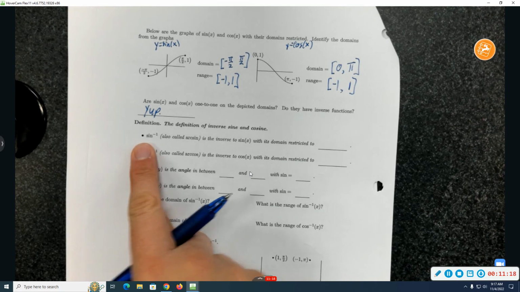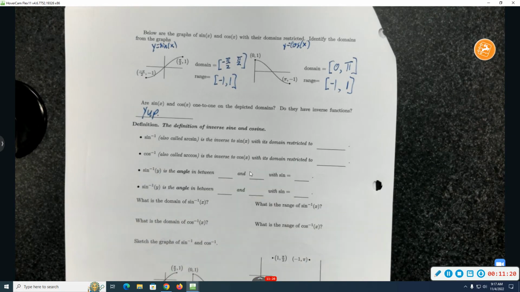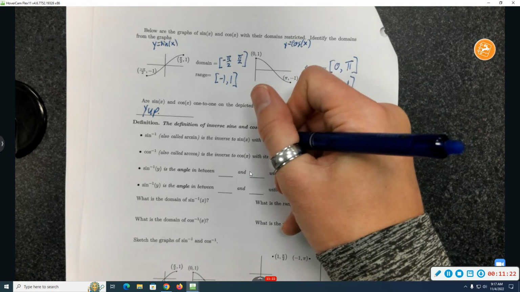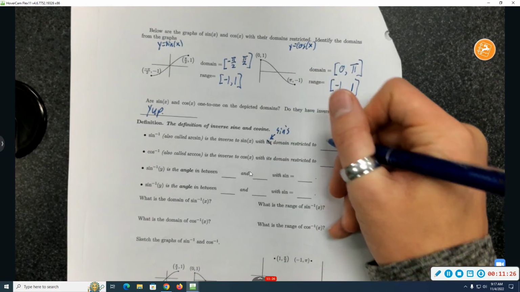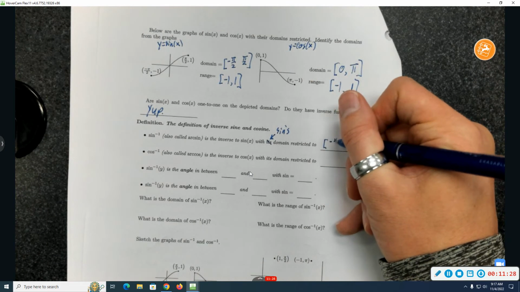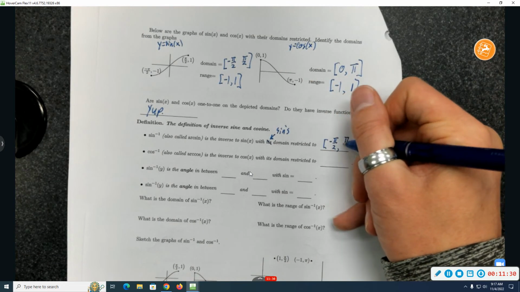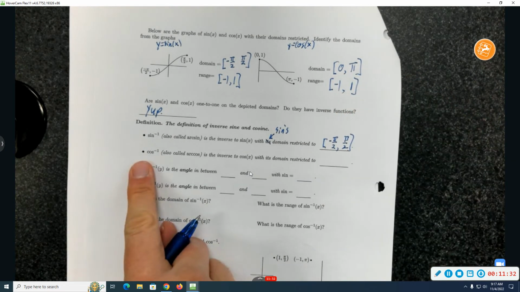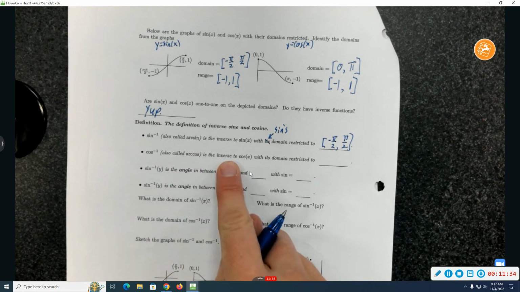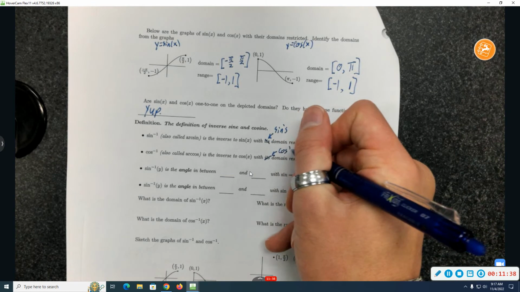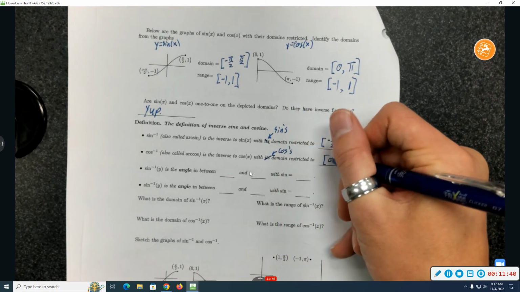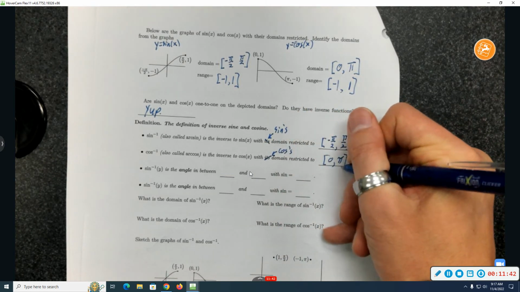So sine inverse is the inverse to sine once you restrict the domain, and maybe I'll be specific: sine's domain restricted to -π/2 to π/2. Inverse cosine, also called arc cosine, is the inverse to cosine with cosine's domain restricted to 0 to pi.